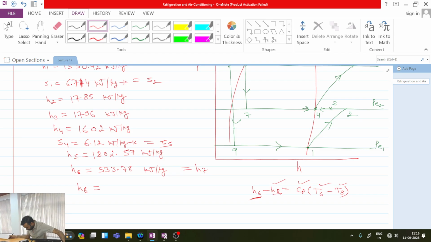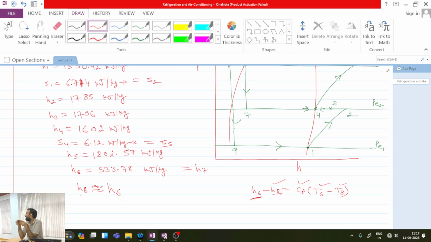Maybe in the given question, because we are saying that I do not have the data for Cp over here. So being in the subcooled state at present, you then take this data closer to your H6 only. Okay, so I am writing H8 is approximately close to H6. Why? Because we are having absence of two things.